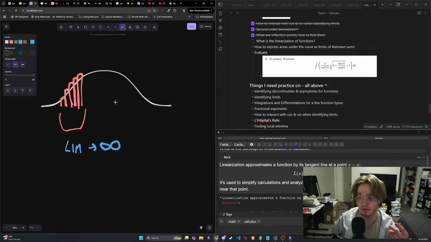As it approaches infinity, it's no longer an approximation. Well, maybe it is still. No, I think it would not be an approximation. Okay, I don't think it would be an approximation.